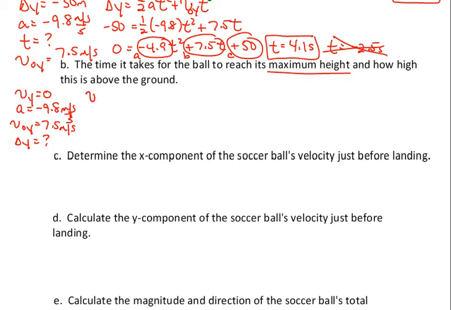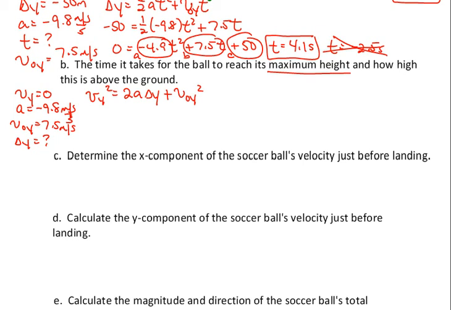We do have an equation that relates the final velocity, the acceleration, the displacement, and the initial velocity to each other without needing to know the time. That was one of our Unit 2 equations.